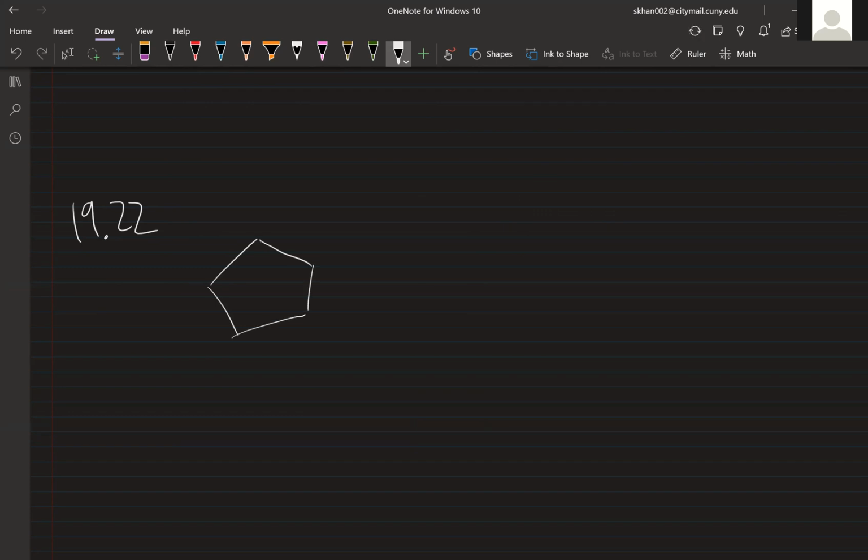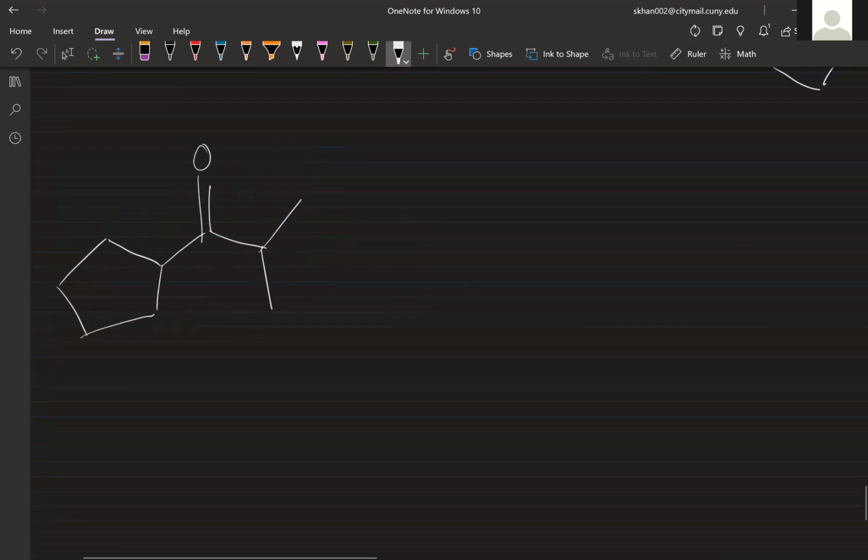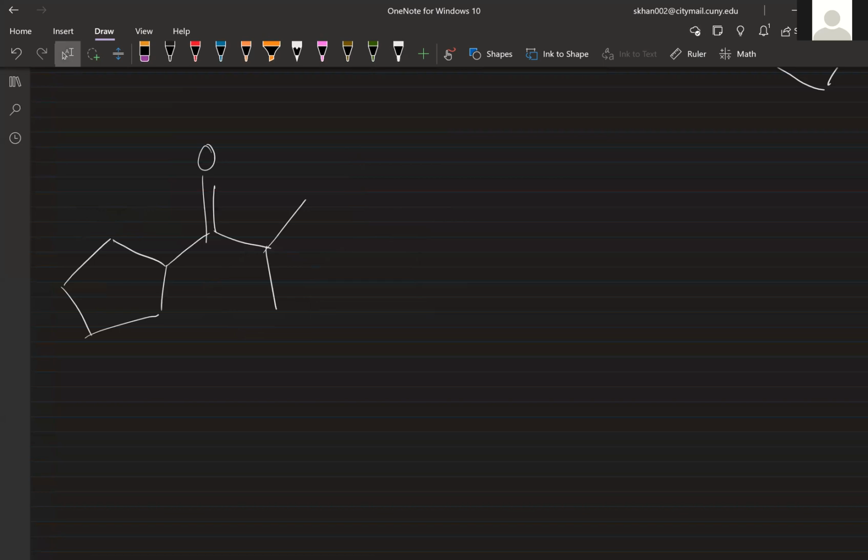I don't know if you did the mechanism for the hydrazone formation, because once again, it's the same thing as all this other stuff. It's just like the amine formation.